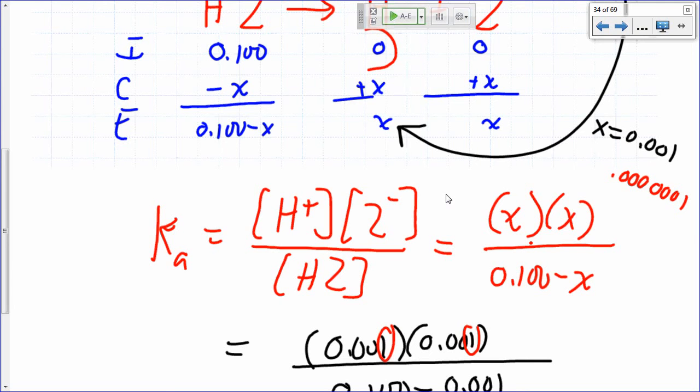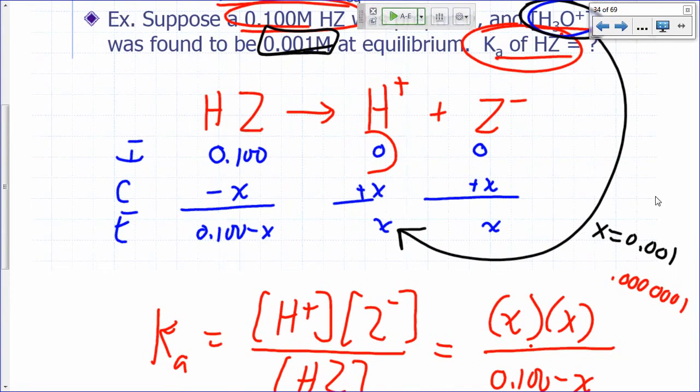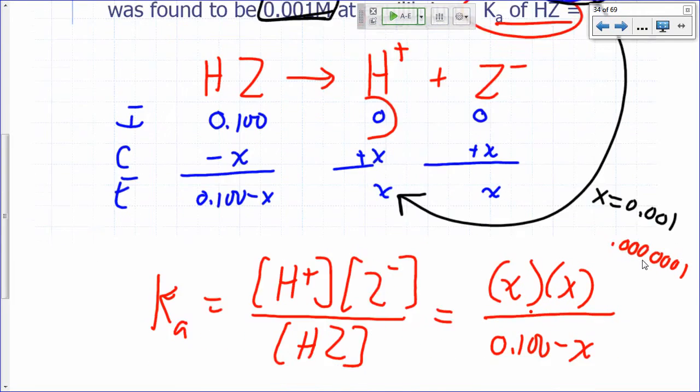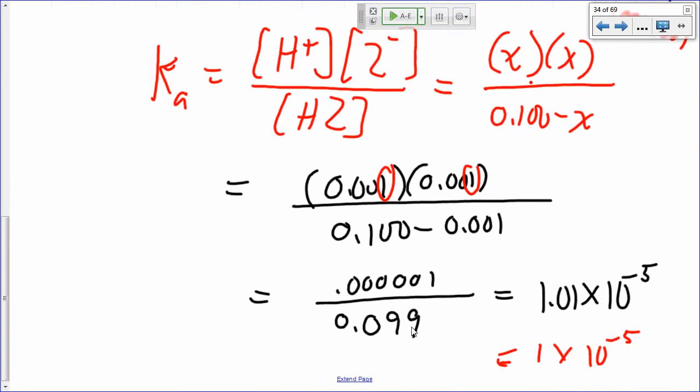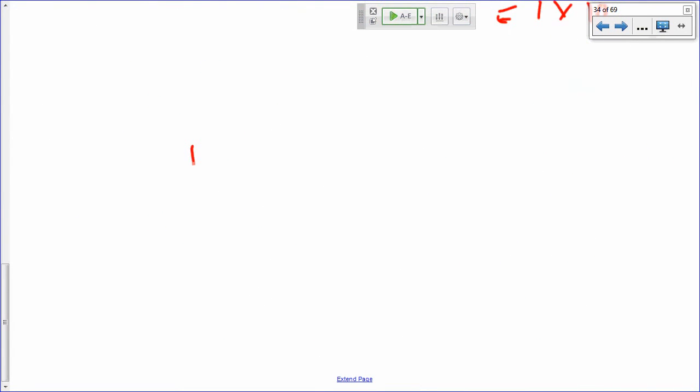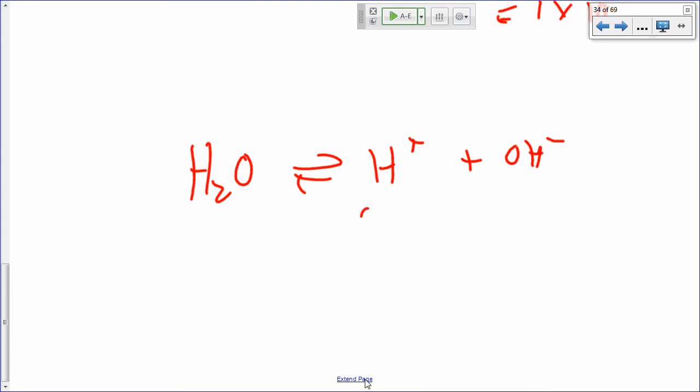But one thing you'll realize is that the fact that this HZ produces 0.001 H plus diminishes the H plus from water itself. Because how much H plus can water give you now? Remember your H2O autoionization gives you H plus plus hydroxide. Your H plus is now at least 0.001, right?